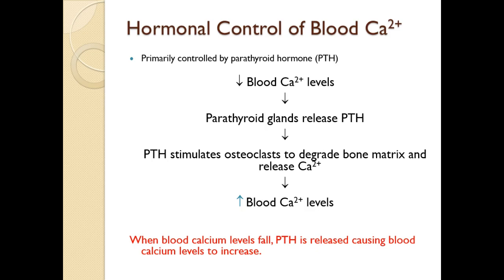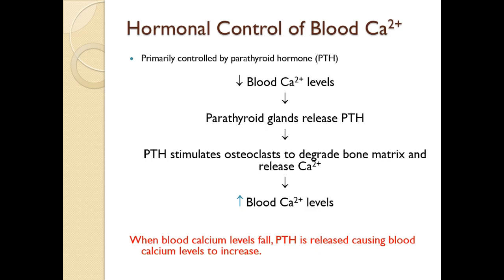And that parathyroid hormone goes where? Where do all hormones go? Into the bloodstream, circulates to the bone. So the PTH enters the bloodstream, goes to the bone, and it tells the bone cells to do what?